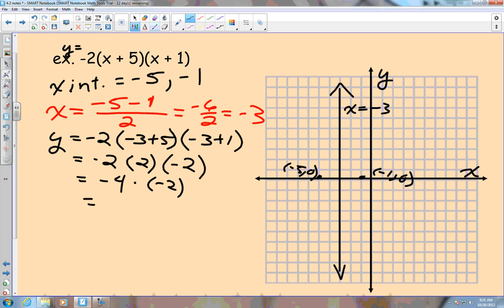And then negative 4 times negative 2 is a positive 8. So I should have the point negative 3, 8. 1, 2, 3, 4, 5, 6, 7, 8. And it goes down.